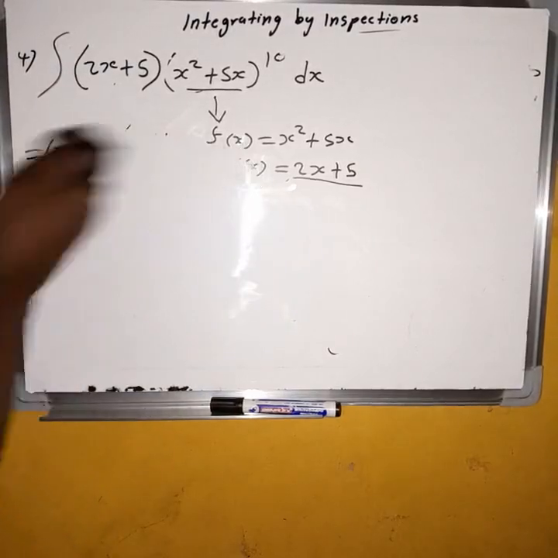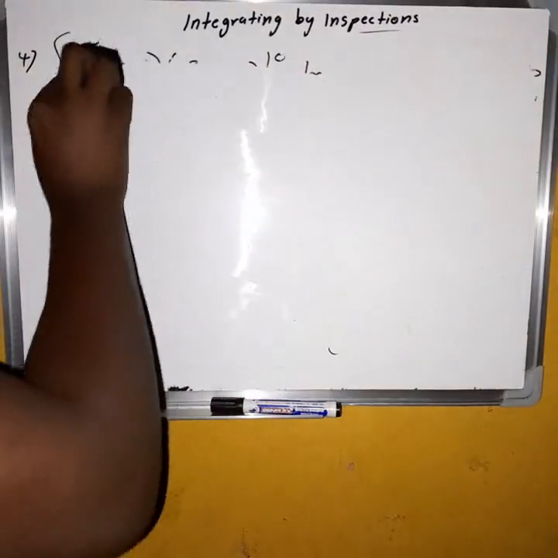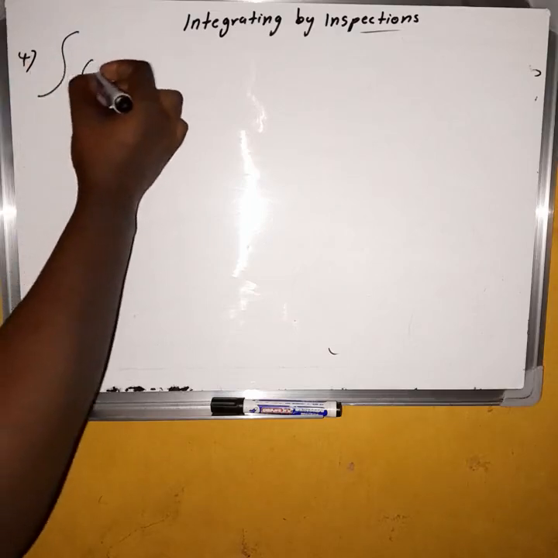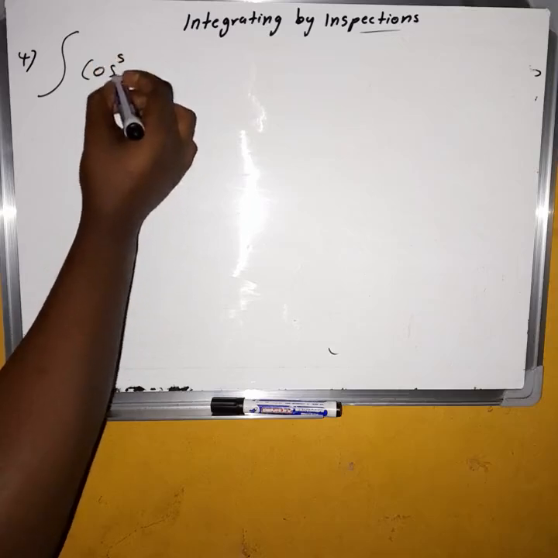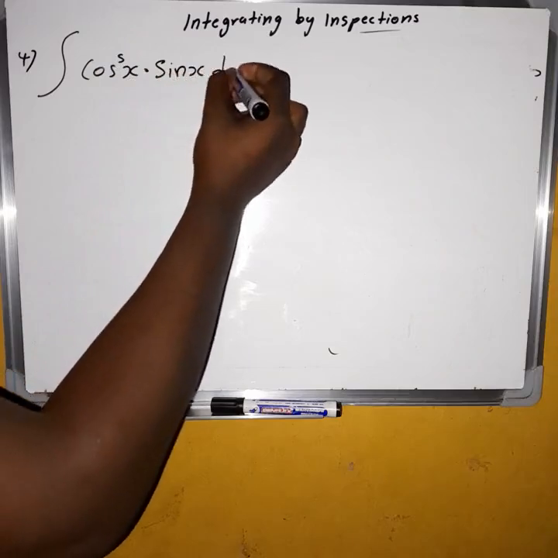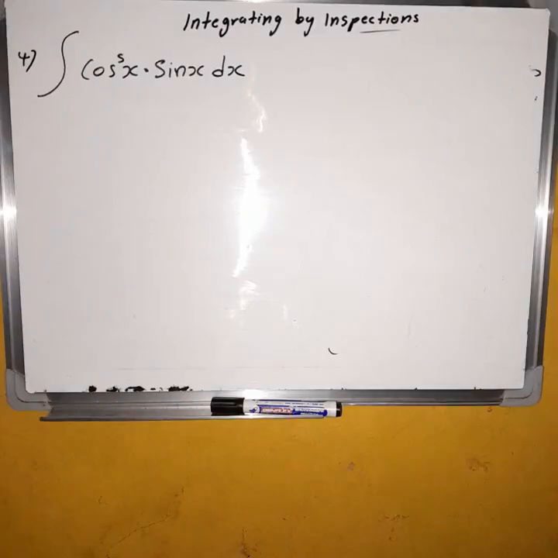Let us simplify. Let me have the integral of cos raised to the power 5x multiplied by sin x dx. Let us integrate this by inspection.